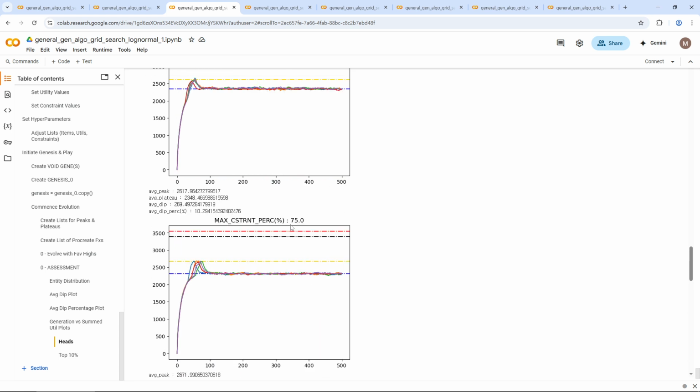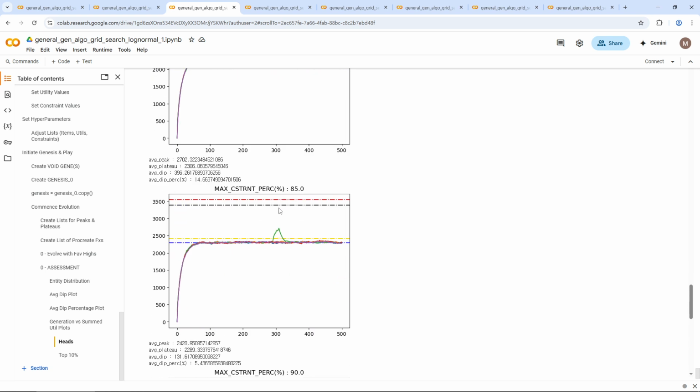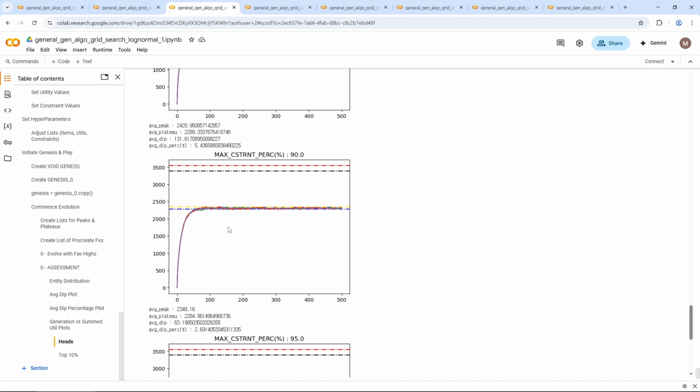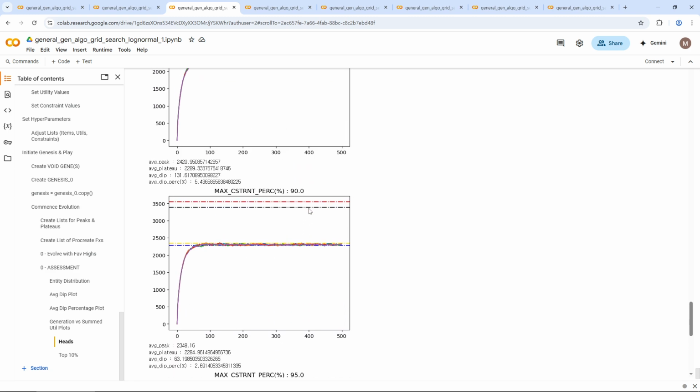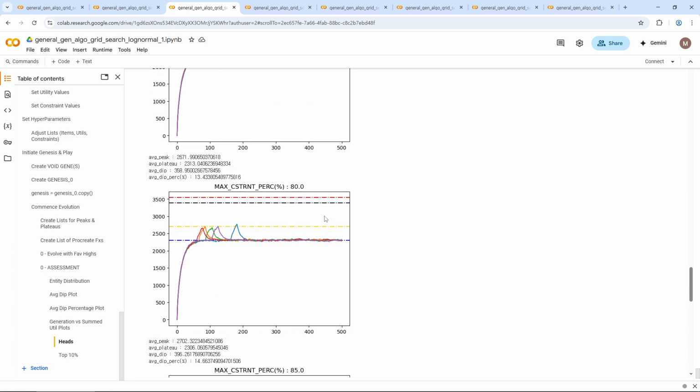And also, as the maximum constraint percentage goes up, the average plateau level gets lower as it goes above 80%.